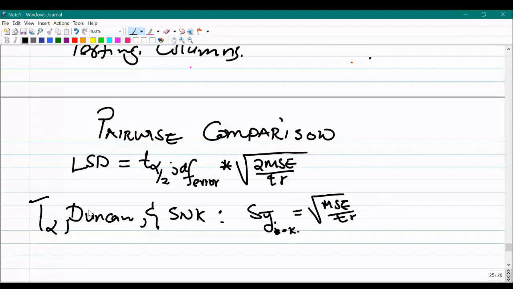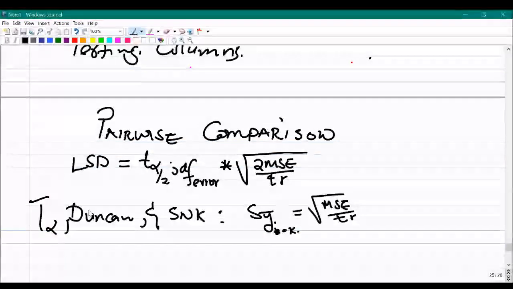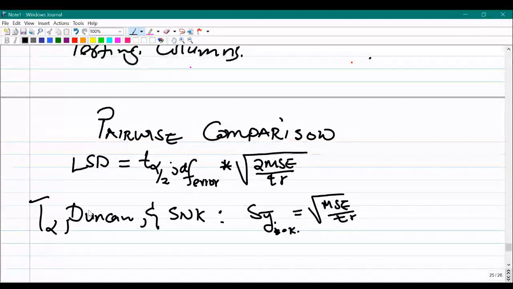So if you're having a replicated Latin square design, don't forget to divide by tr. If it's the normal Latin square design, we divide by t. And again, the students love these two too much.